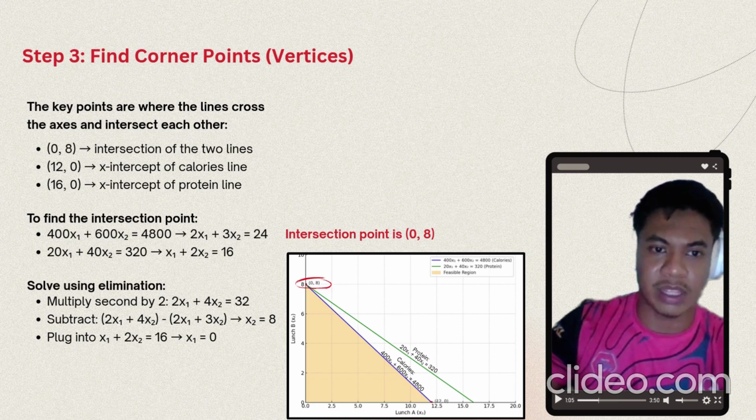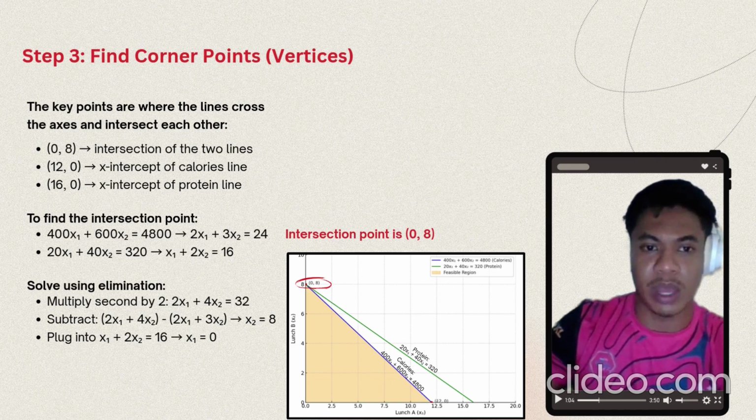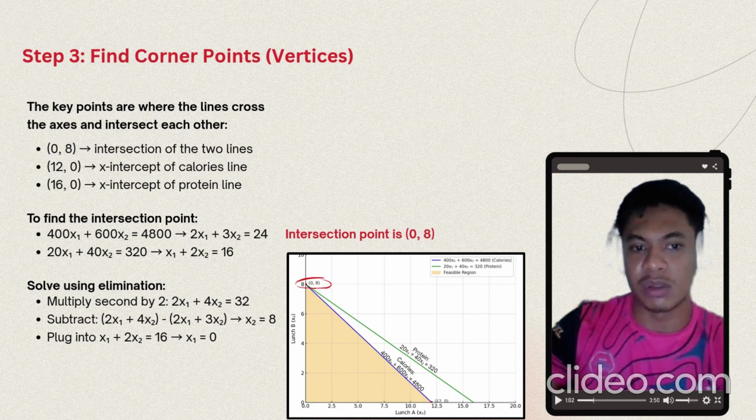Then we substitute x2 into the second equation, 2x2 equals 16, and x1 equals 0.